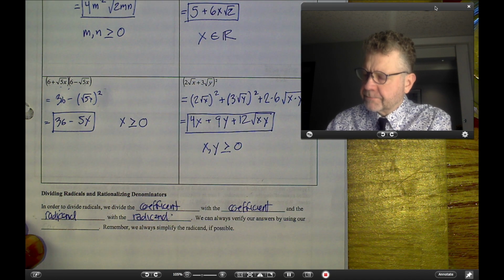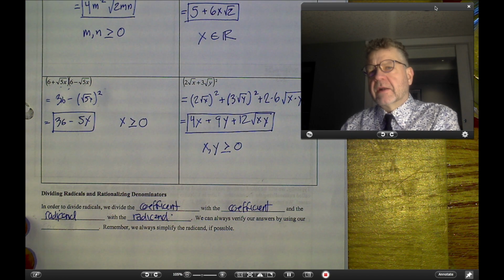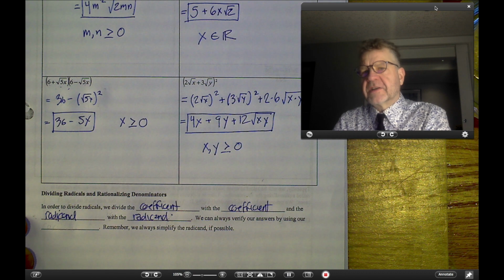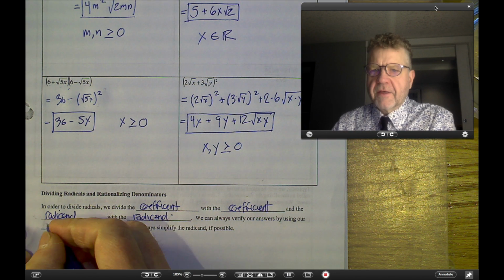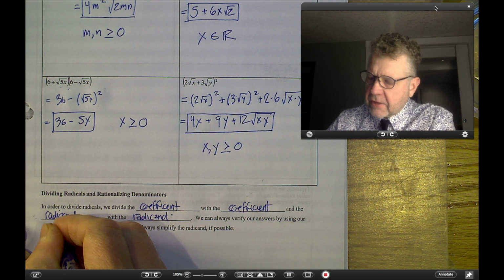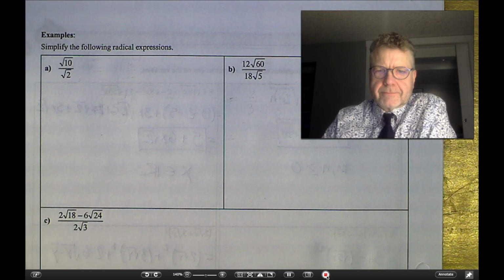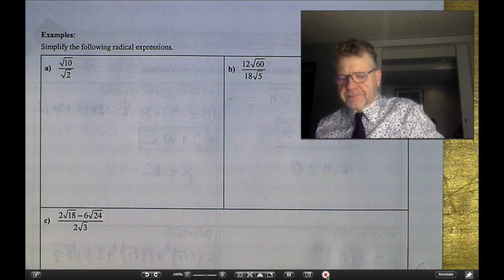And to double check, you can always feed in the numbers both before you do the simplification and after, just to verify that the values are the same. So you can use your calculator to verify.